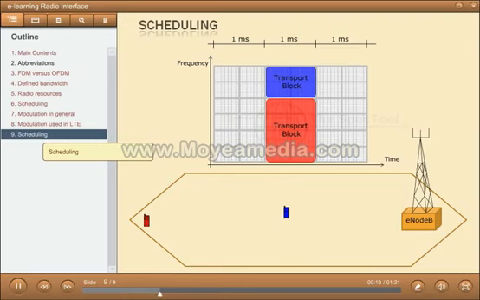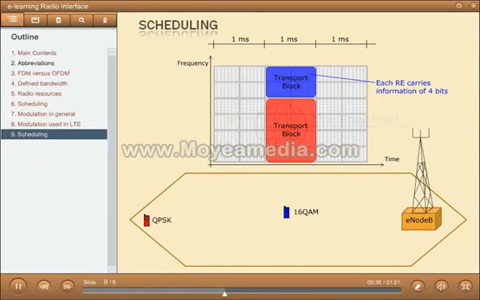Let's assume that the blue UE has quite good radio conditions, and therefore it can utilize 16 QAM, hence 4 bits per resource element. But the red mobile suffers worse radio conditions and utilizes QPSK, thus only 2 bits per resource element. The radio resource allocated to the red UE is twice as large as the blue area.